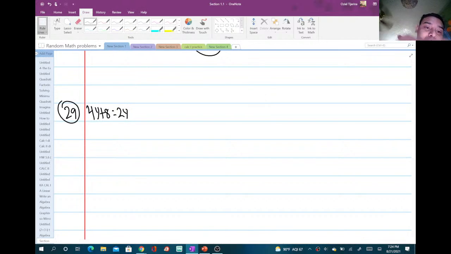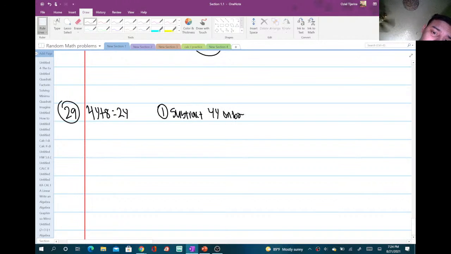So number 1, subtract 4y on both sides. So you have minus 4y here, and then this is going to be 8 equals negative 2y.